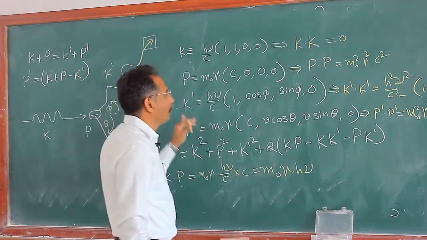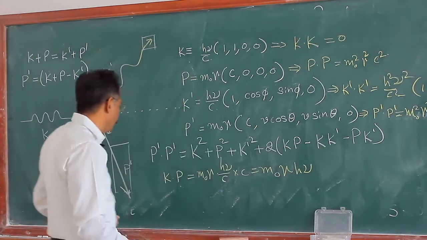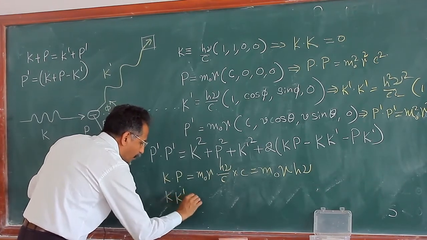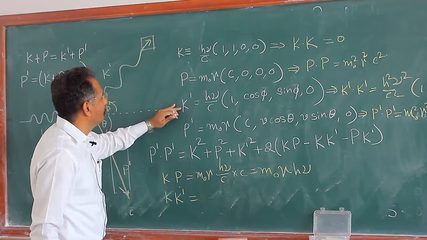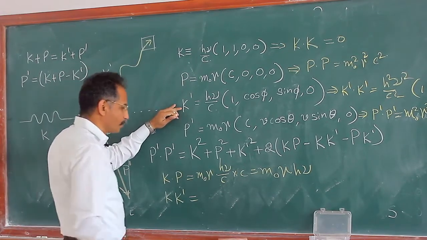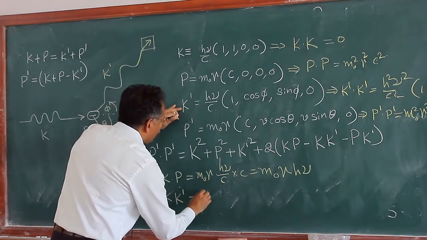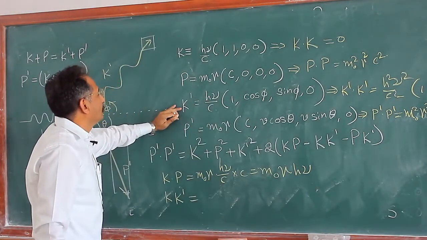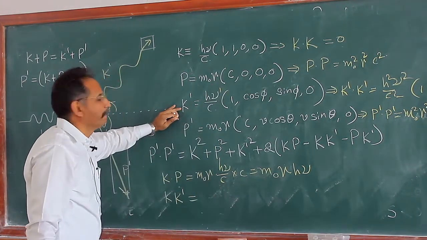Then k dot k dash. Let us try to work this out. This one is k, this one is k dash, h nu by c. Here I should have given a dash to this quantity.